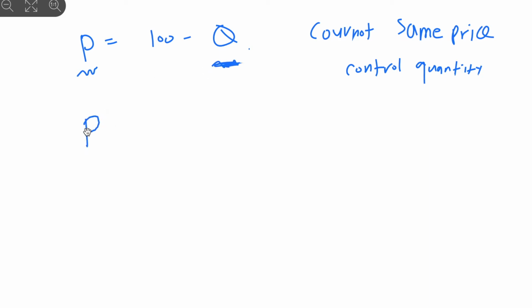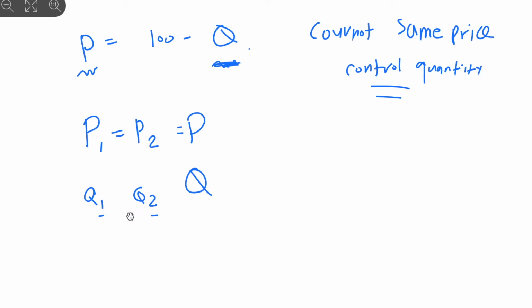So P will be the same for firm 1 and firm 2. This P is the price for firm 1 and the price for firm 2, and we just generalize it as P. What about Q, right? For Q, we want to control, right? So we have different Q for firm 1 and firm 2.